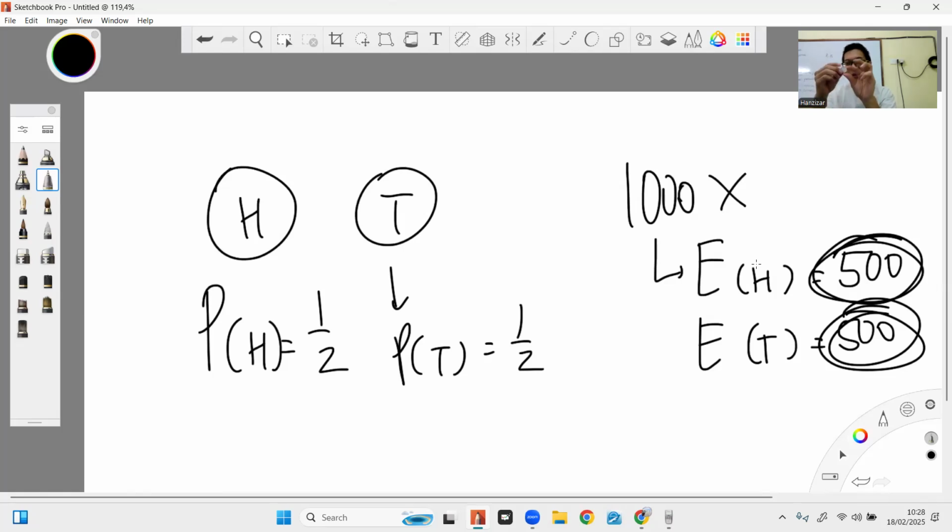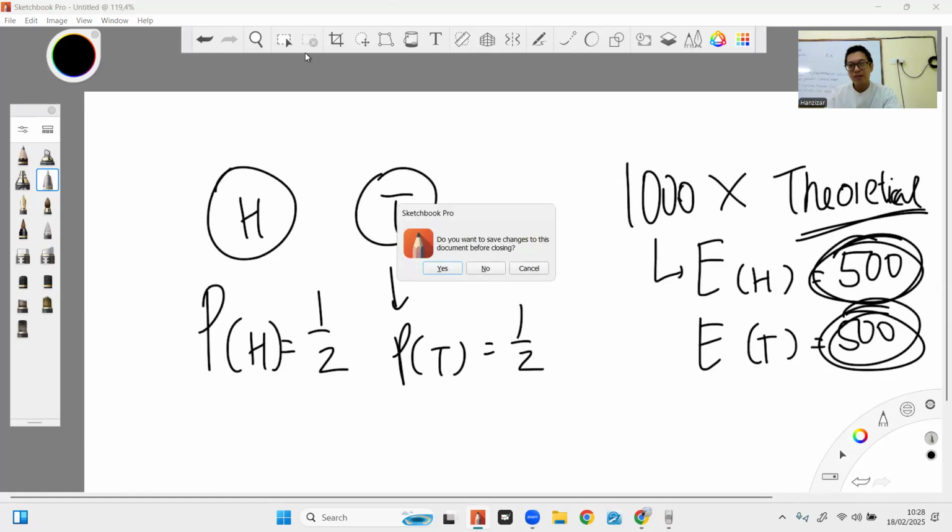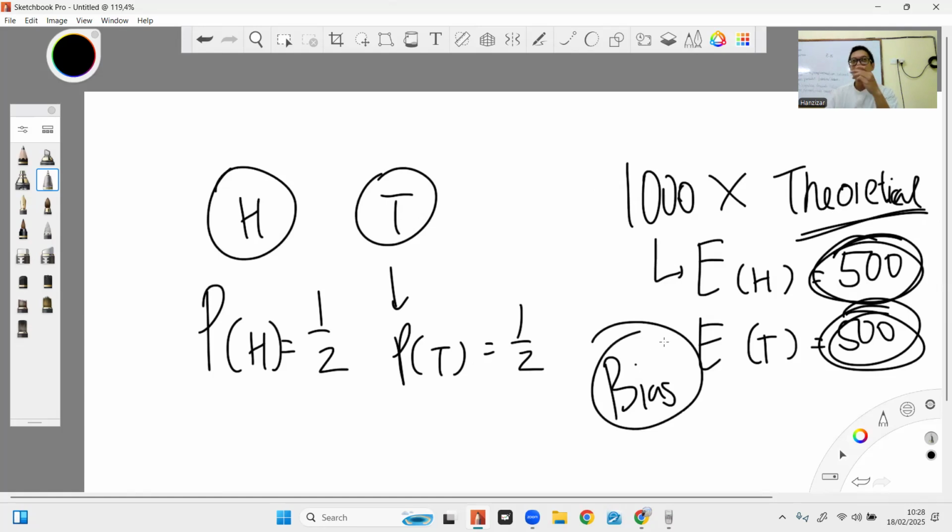So if it is an even chance, this is a theoretical expected value. And we need to understand there will be some bias. What is bias? A slight different value that we get.